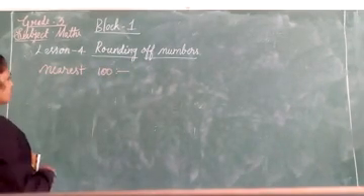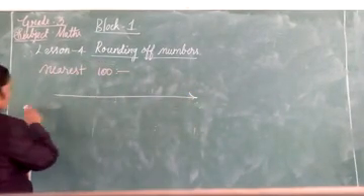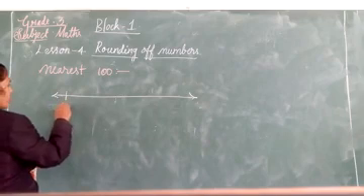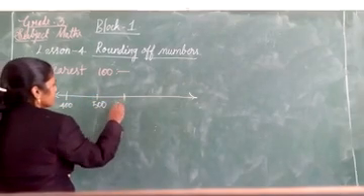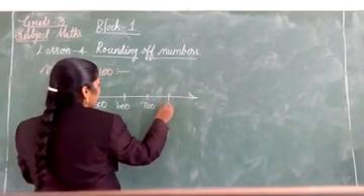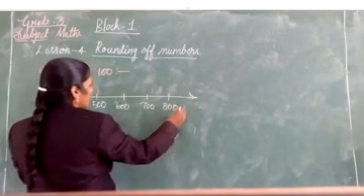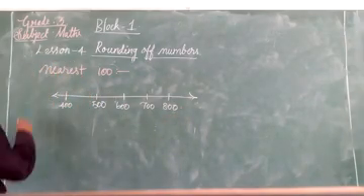So for this, we can draw a number line. 400, 500, 600, 700, 800.